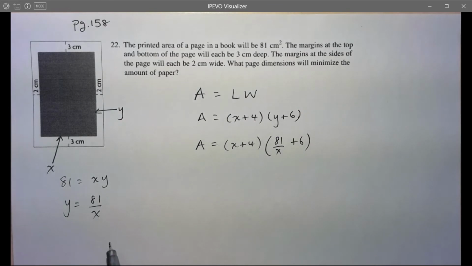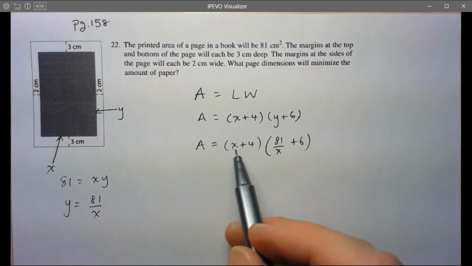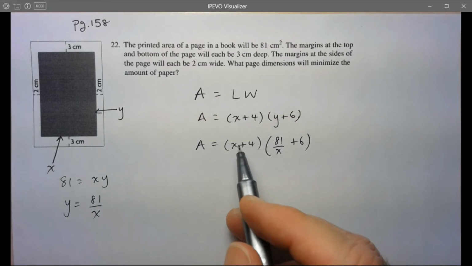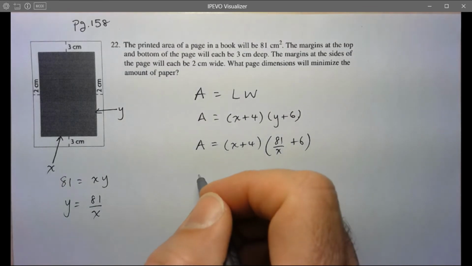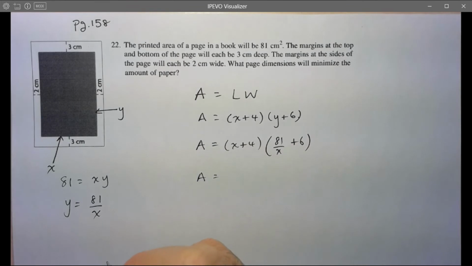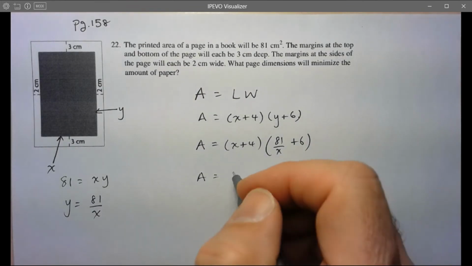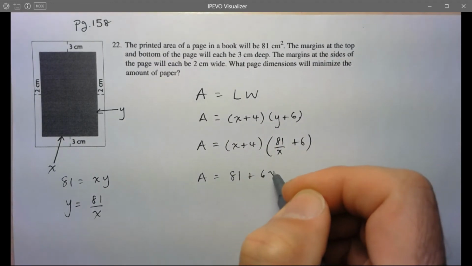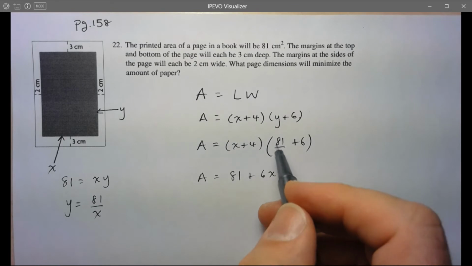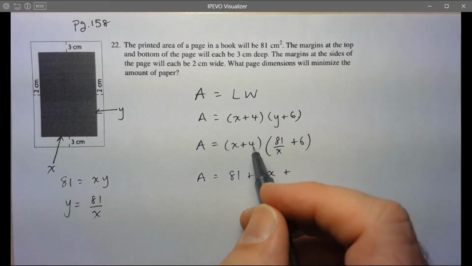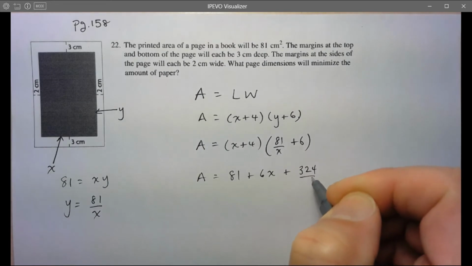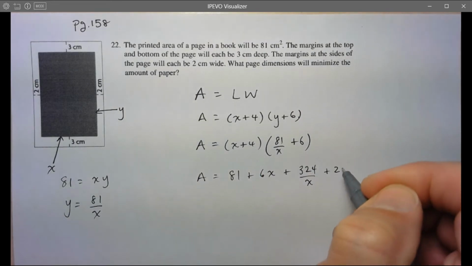Okay, now here I could take the derivative of this function, but it would mean using the product rule. This is easy enough to multiply out that I think it's worth distributing and then taking the derivative. Okay, so X times 81 over X is just 81 plus 6X, plus 4 times 81 over X, so 4 times 80 is 320, so it'll be 324 over X, and then plus 24.